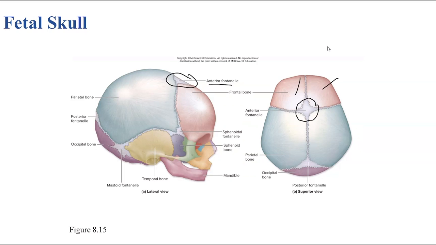The anterior fontanelle is at the front. There's a sphenoid fontanelle, which is at the temple. The mastoid fontanelle is more towards the back, but at the side. And then the posterior fontanelle is at the back. Okay. And I think that's that.